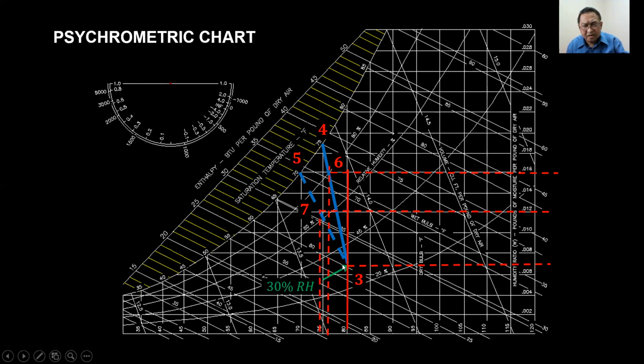Okay, this one will be 60 Fahrenheit wet bulb. That's approximately 30% RH. And we will cool it down to 75.